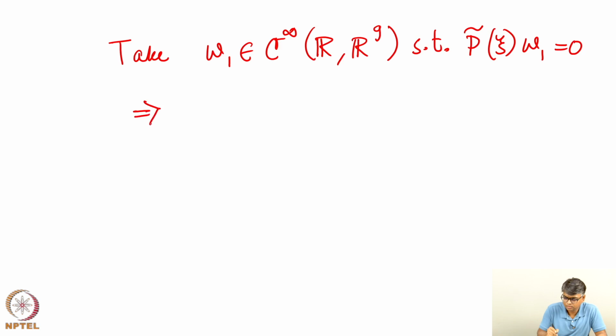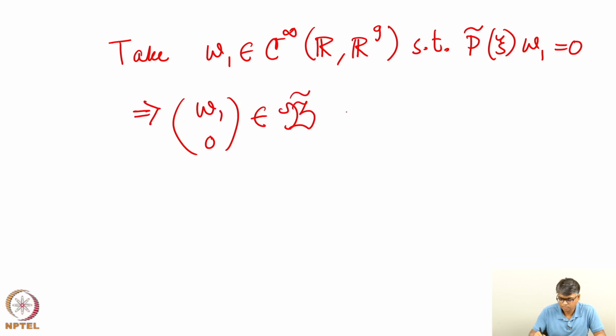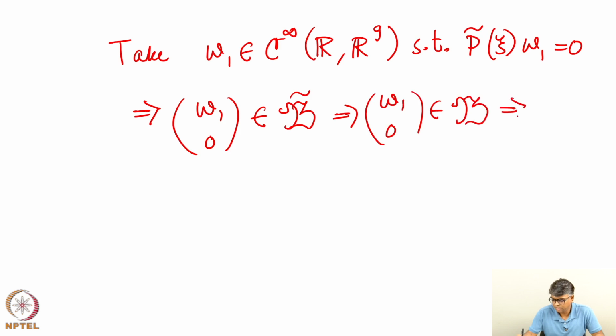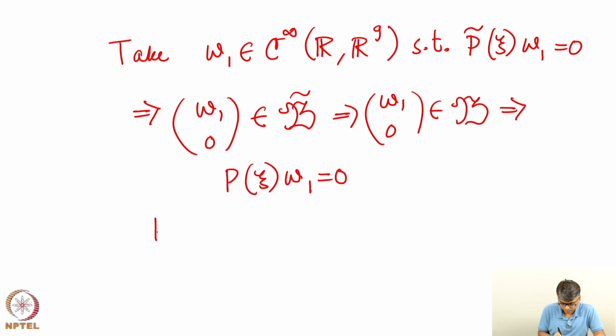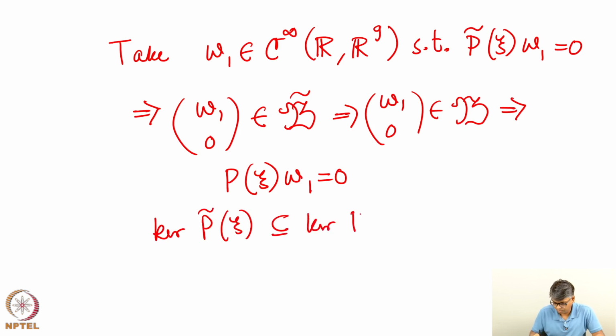That would imply (W1, 0) is in B tilde, which implies (W1, 0) is in B, which implies P(ξ) W1 is equal to 0. That is, the kernel of P tilde(ξ) is contained in the kernel of P(ξ). Therefore, the two kernels are equal.